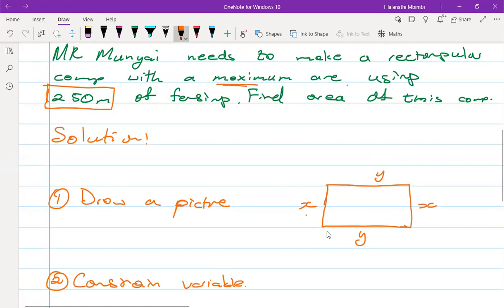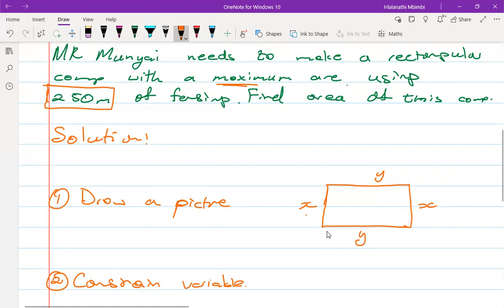Otherwise, if there was no constraint, then he could make a very big area as much as he wants, because in that case you would have infinite length of the fencing material, which is not normally the case. When you want to maximize, someone says, this is what I have, can you ensure that I have the best out of what I have?